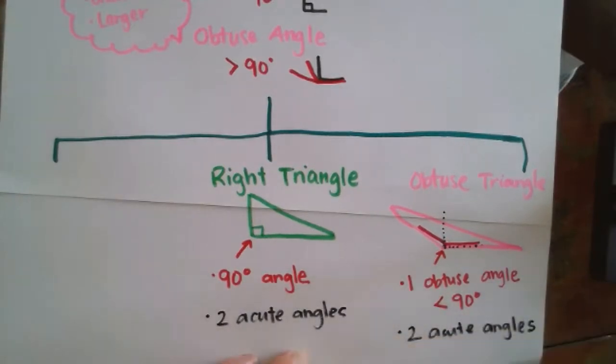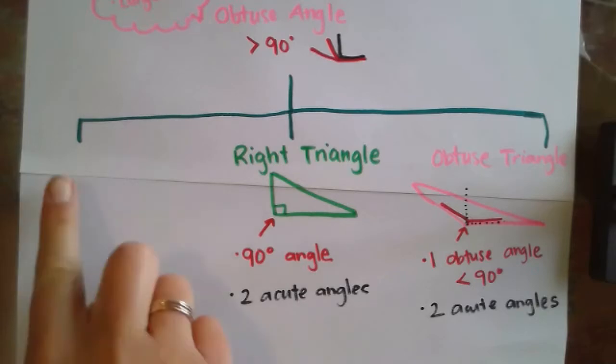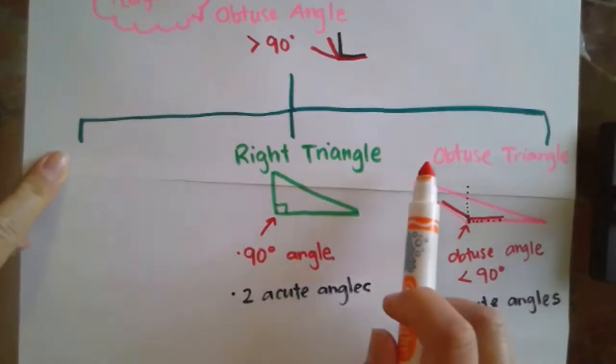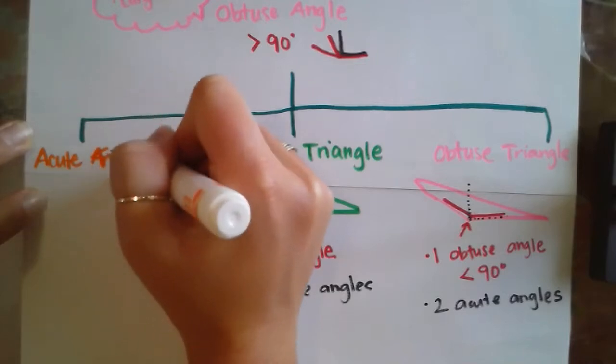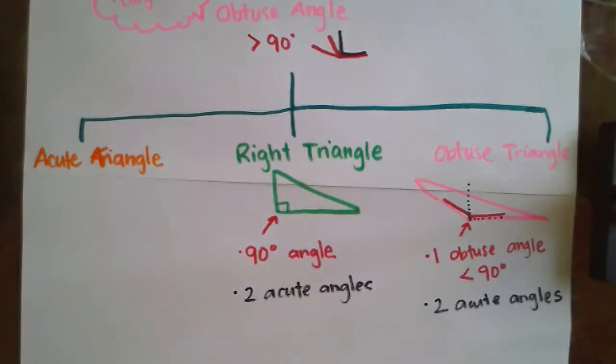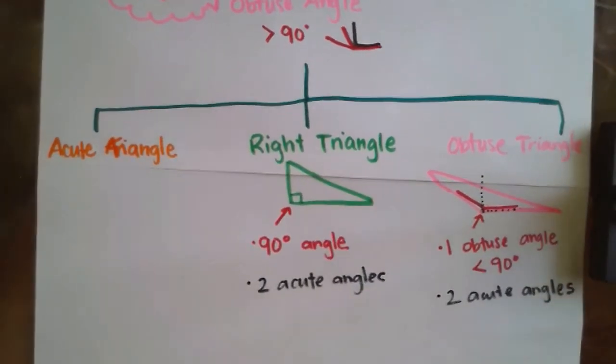And finally, we have something called an acute triangle. Acute triangles have all acute angles. All three are acute, meaning all three are less than 90 degrees.